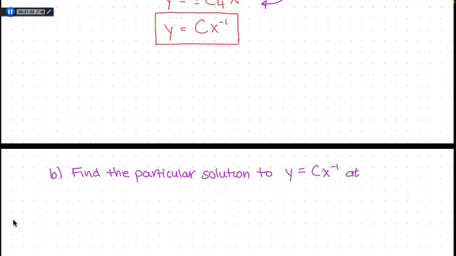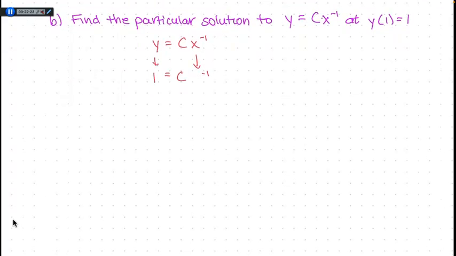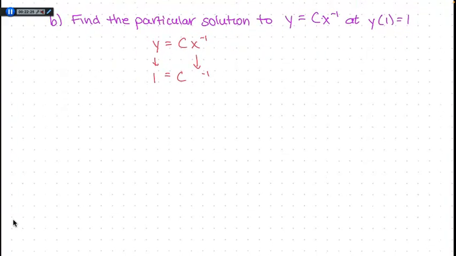And it'll say, I'll give different words here, but y of 1 equals 1. So it'll give you something to plug in and solve for c. So we literally do that. Let y equal 1. Let x equal 1. Oh my god. I keep saying it, but I'm not writing it. Anyway, can you guys look at this and see what c is?